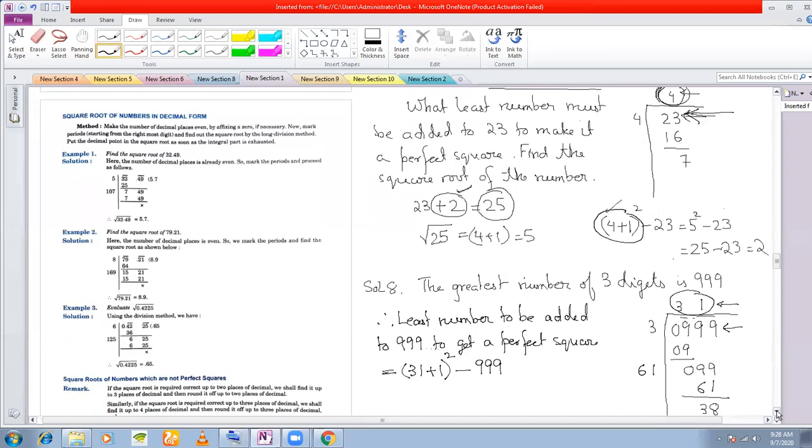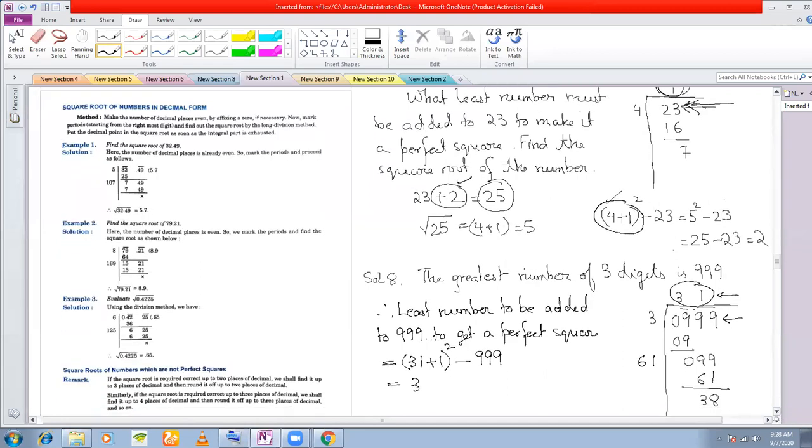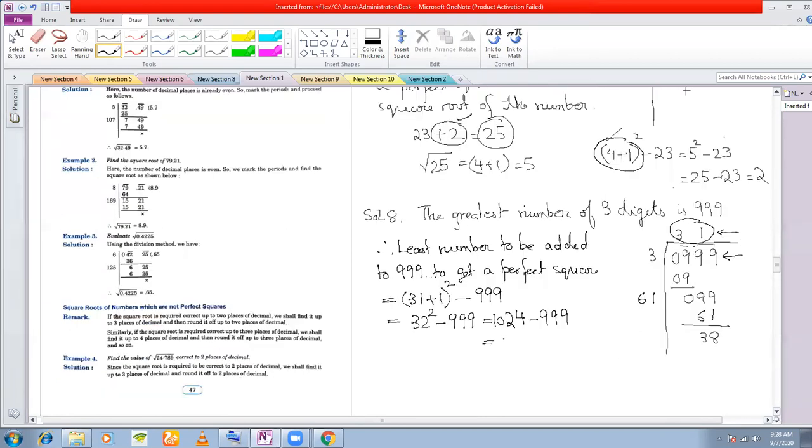So what number must be added? 32 square minus 999. And you know how to find out the square of 32? 1024 minus 999, which gives you 25.